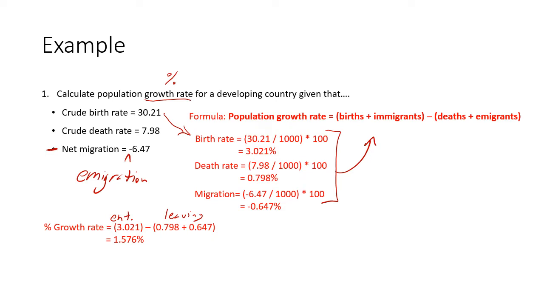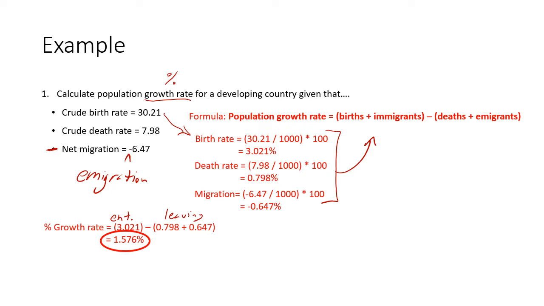Even though our migration is a negative rate, that just tells me that it goes into that term, that area within the parentheses. But I add those to the number of people that are dying, or to the death rate. Okay, and all of that is subtracted from the people that are entering this population, the people being born. And for the answer, we get a percent growth rate of 1.576%.